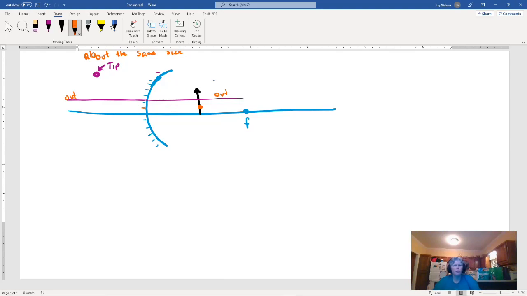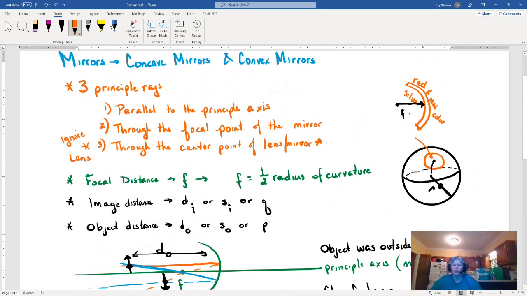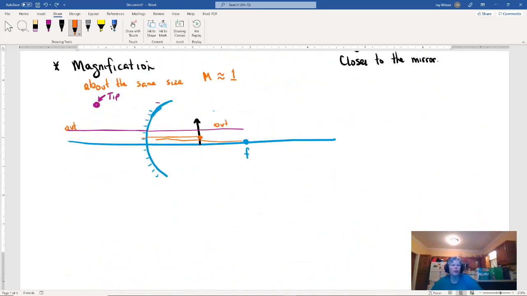When we do the other ray, the one that goes in parallel to the principal axis, the angle here is awfully steep. Oh my heavens. Yeah, not good. Let's see if I can get that a little better. This is why I recommend you use rulers, and I've got some in the room, and you will have them for the AP test for this exact reason.